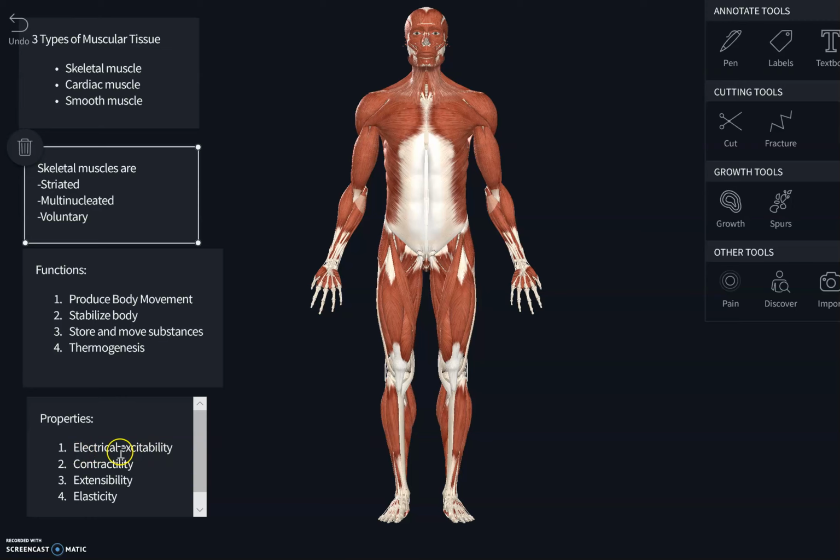And these action potentials are basically just impulses that are carried by the nerve cell to, say, a muscle cell. Okay, and the muscle cell gets triggered by the nerve cell due to the change in electrical signal, right? So when a stimulus reaches the muscle cell, they can get excited in presence of the electrical signals, and that is called electrical excitability.